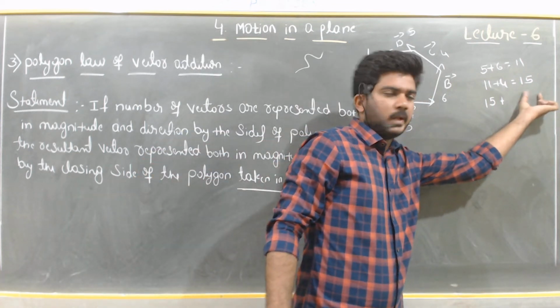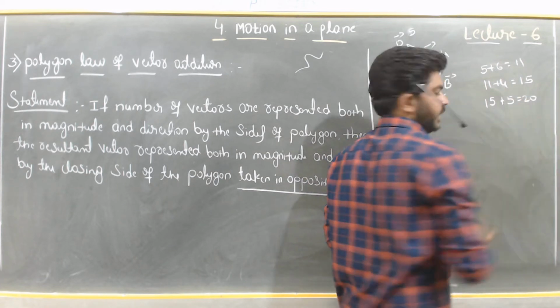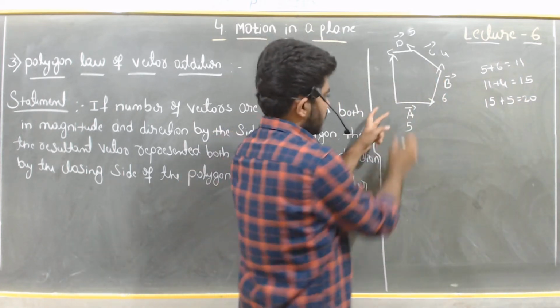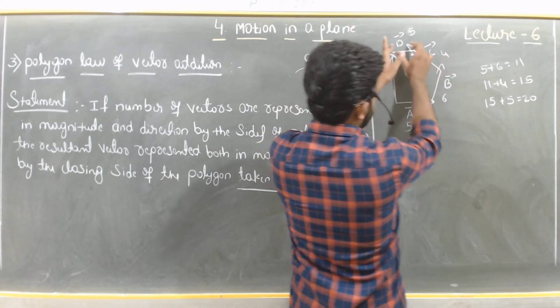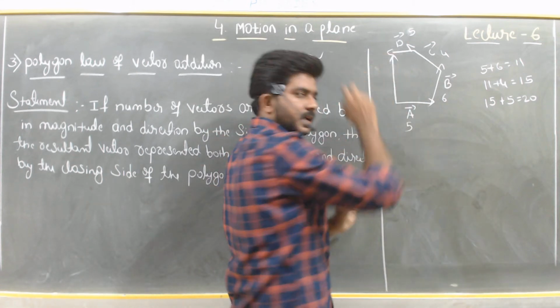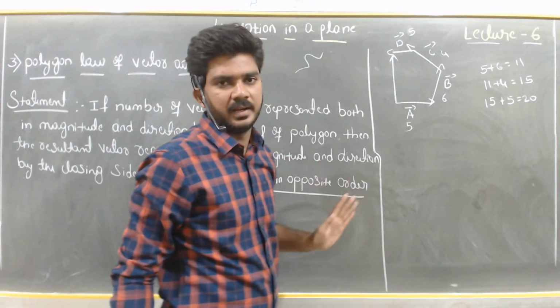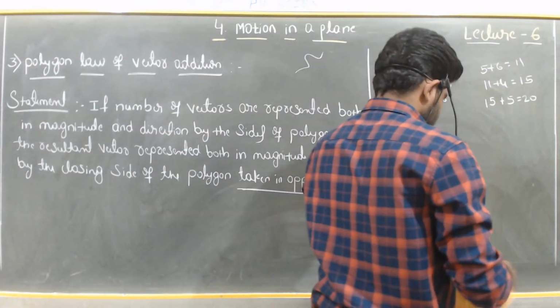Resultant value plus next value. 15 plus 5, it is 20. It means all the vectors should be added. That means vector A, vector B, vector C, vector D. So finally we will get the resultant vector that should be represented by the closing side, right? In that manner we are going to do the addition of the vectors.